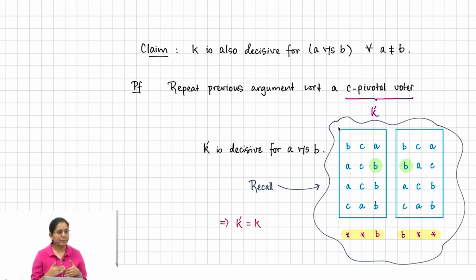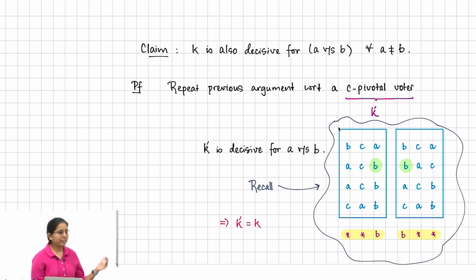But now think about, can the C pivotal voter really be different from the B pivotal voter, right? Because the B pivotal voter does control what happens between C and B on these two profiles here, which I have recollected from our past arguments.